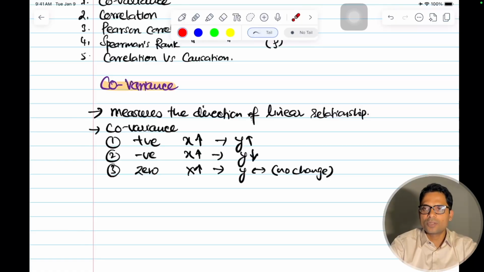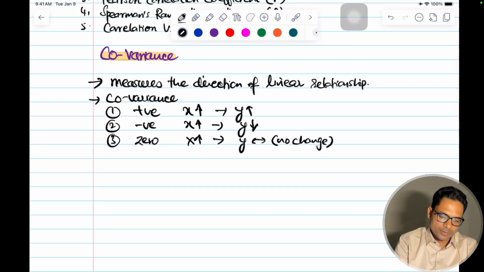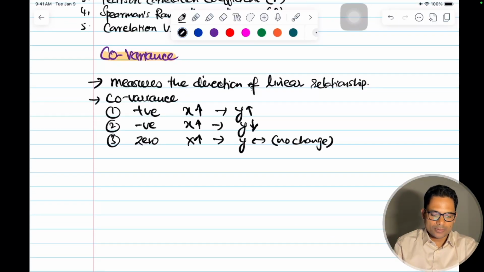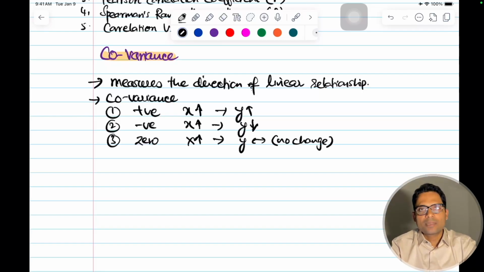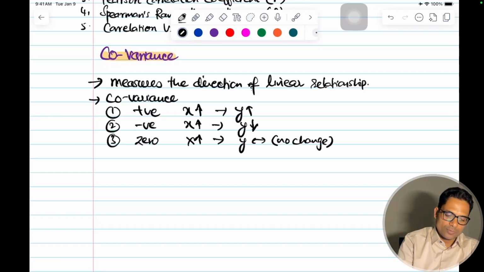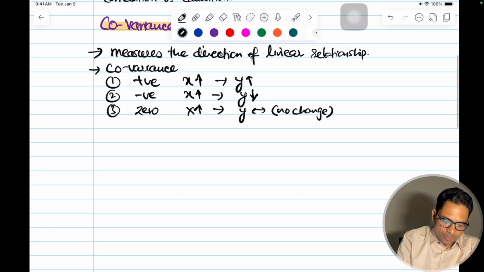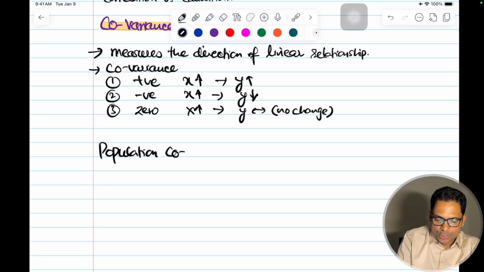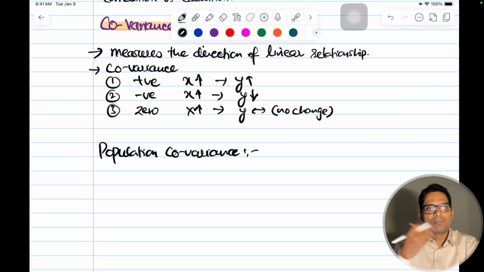So the formula also I'll mention. When we talk about these metrics, there will be a sample covariance and a population covariance. The population covariance is for the complete population.